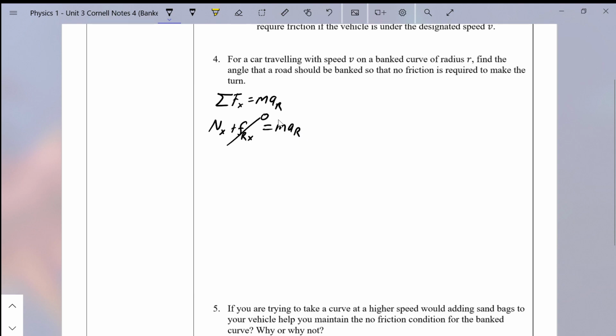So our friction turns 0, and our result then is nx is equal to m times a sub r. But nx is just n times sine theta. That will be equal to m a sub r. That's about as far as we go with this direction. So if we go back up to the top and think about the sum of forces in the y direction, that of course will give us a 0 acceleration because it's the y direction.